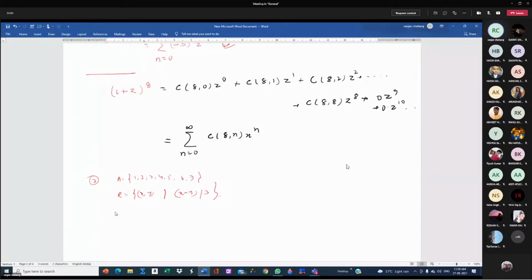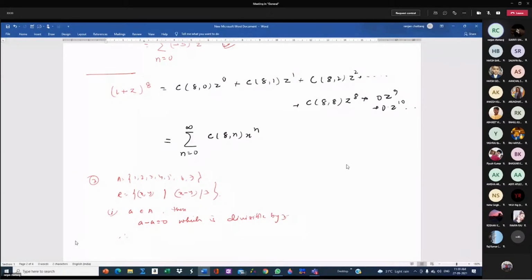So you say first one is, take a belongs to A, and a assumes the value 1 to 7. Then a minus a is equal to 0, which is divisible by 3.